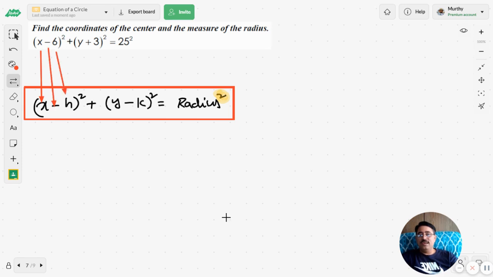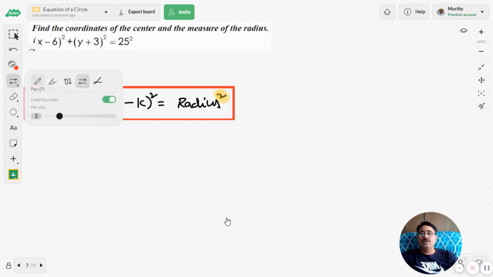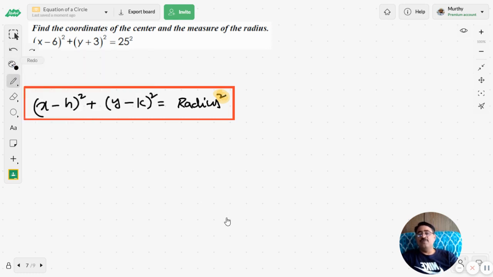So I know what is the value of h. Y, and oh, here again there is a mismatch of sign. y plus 3 is given instead of minus. So what I have to do is rewrite this one.